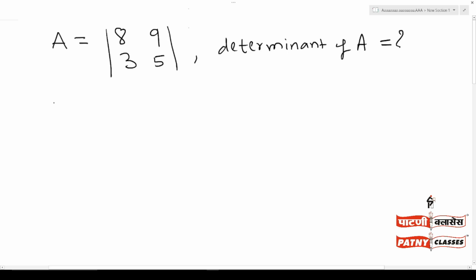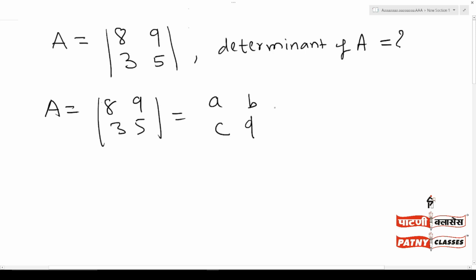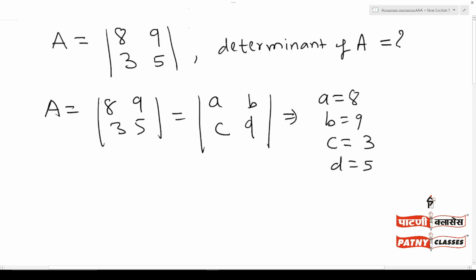Comparing A 8, 9, 3, 5 with A, B, C, D implies A equals to 8, B equals to 9, C equals to 3 and D equals to 5.